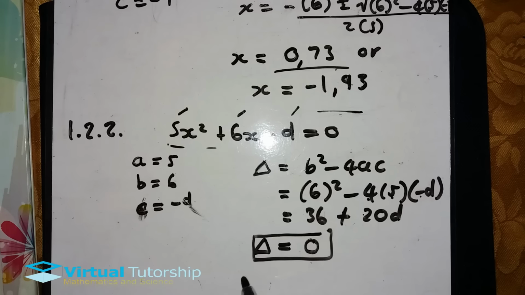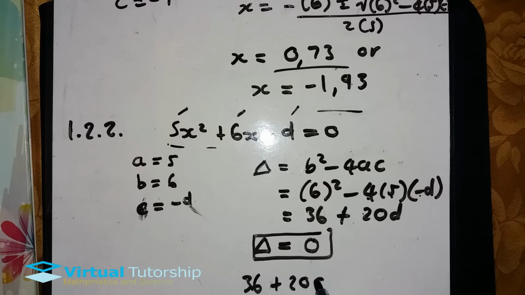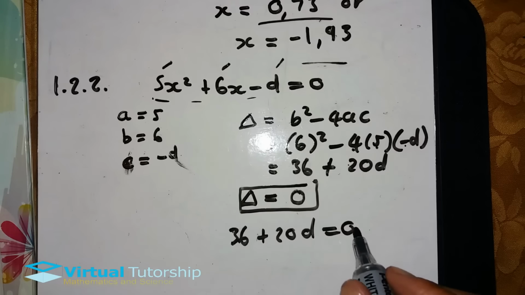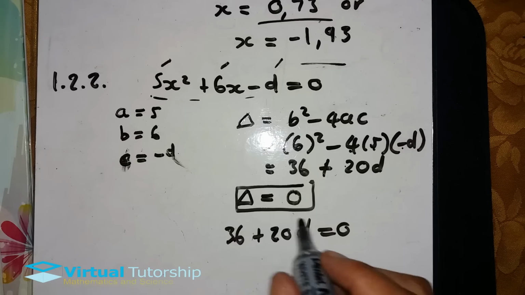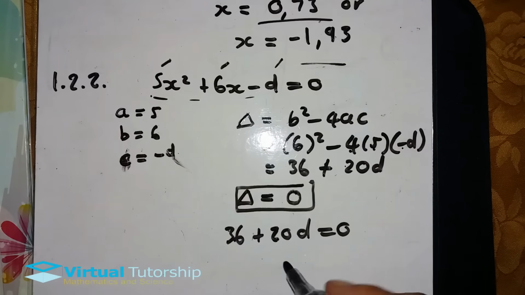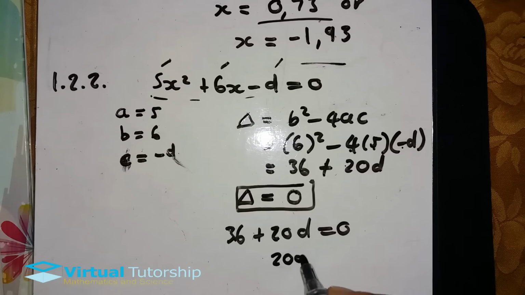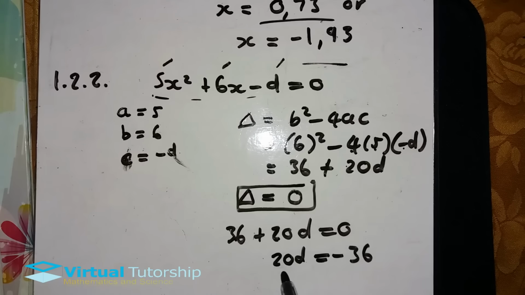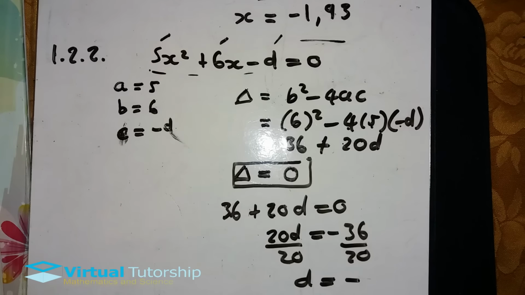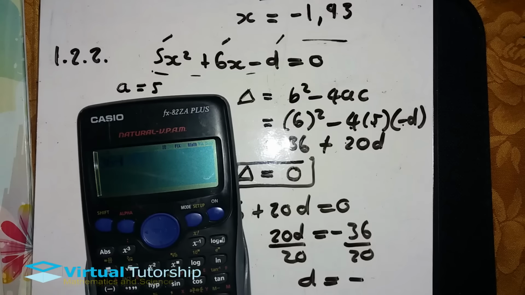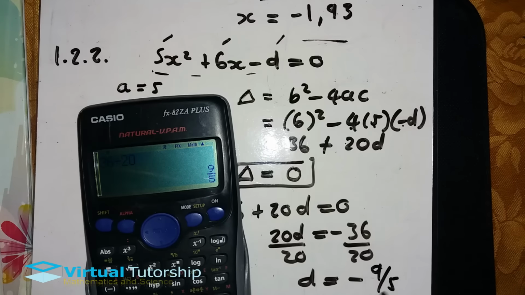So take our delta and equate it to 0, then calculate for d. This d that we find is the d that will make this equation have equal roots. So you will have 20d equal to negative 36, divide both sides by 20, and then my d is negative 36 over 20, it's minus 9 over 5.